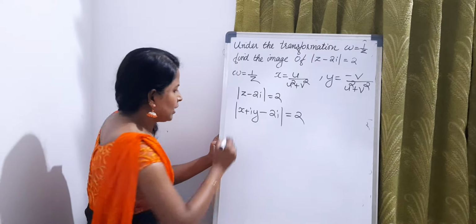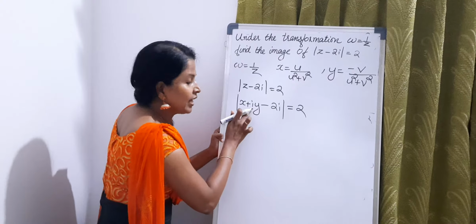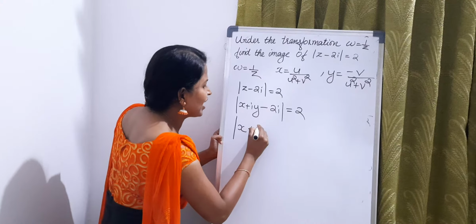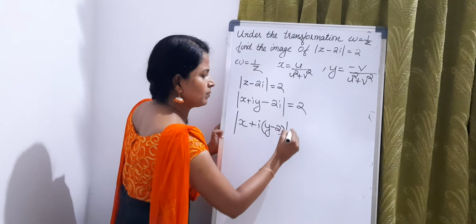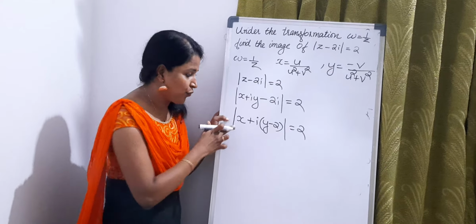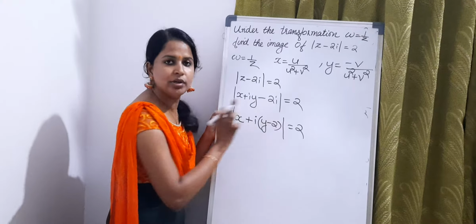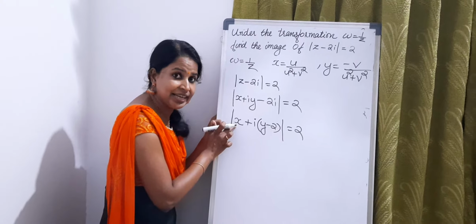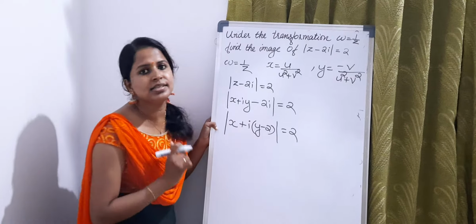Here iy minus 2i, so x plus i into y minus 2. That is modulus of x plus i times (y minus 2) equal to 2. Here x is the real part and y minus 2 is the imaginary part.